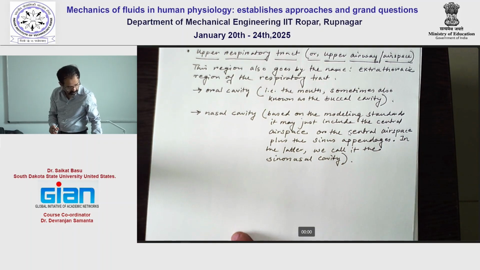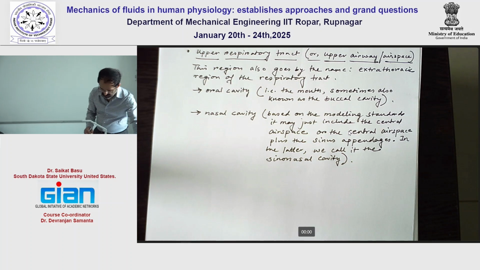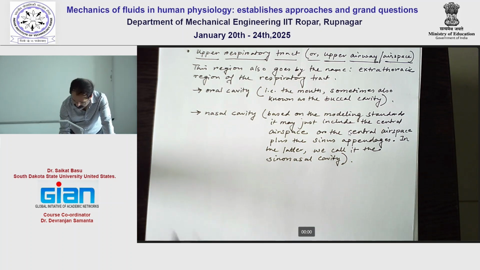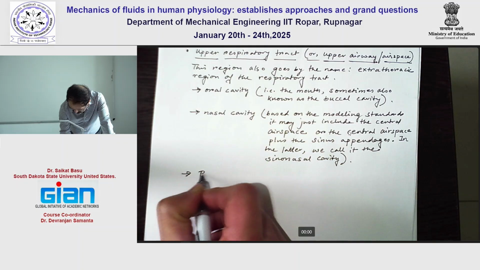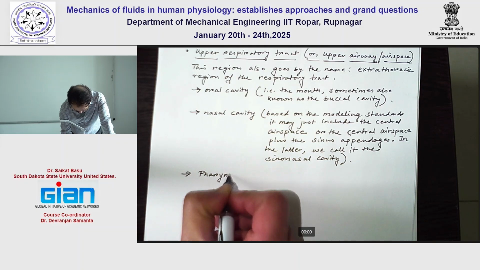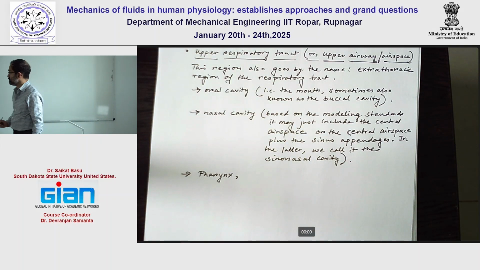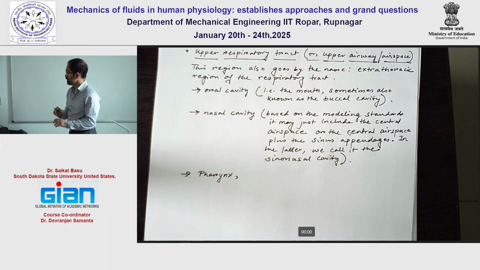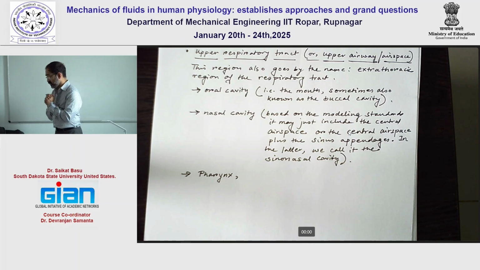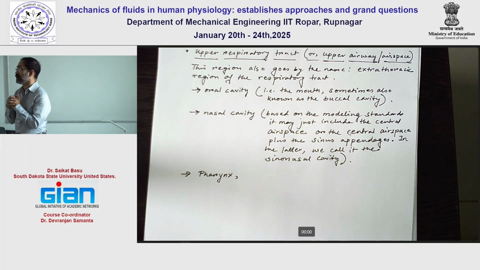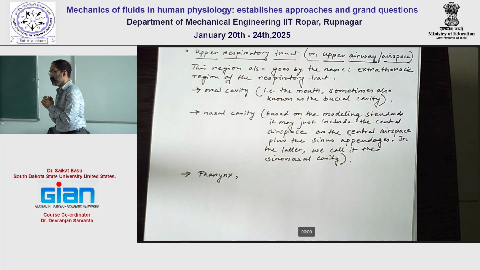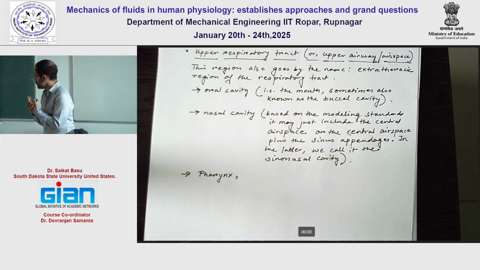So from the nasal cavity and the oral cavity, now we come to the pharynx. So the pharynx is what in common terms we call the throat. And as I said, it has 2 parts, nasopharynx and the oropharynx. The nasopharynx is critical in the sense that most or many viral infections, their initial trigger sites are at the nasopharynx. There are 2 reasons for that.